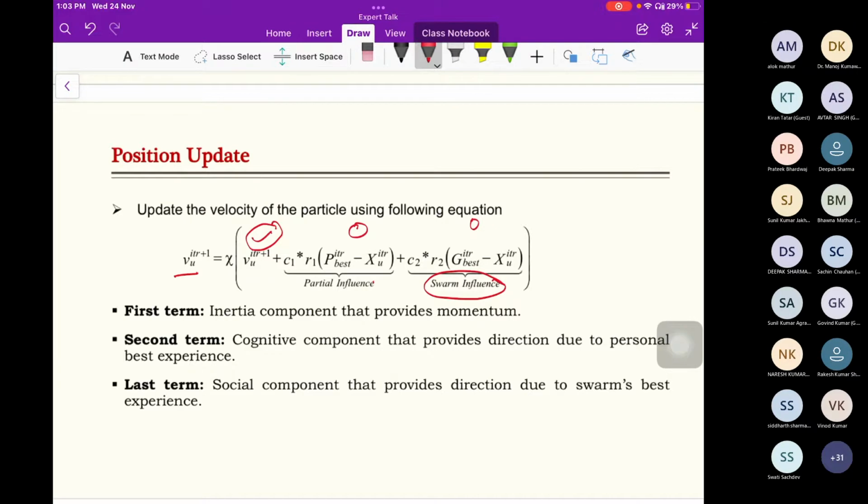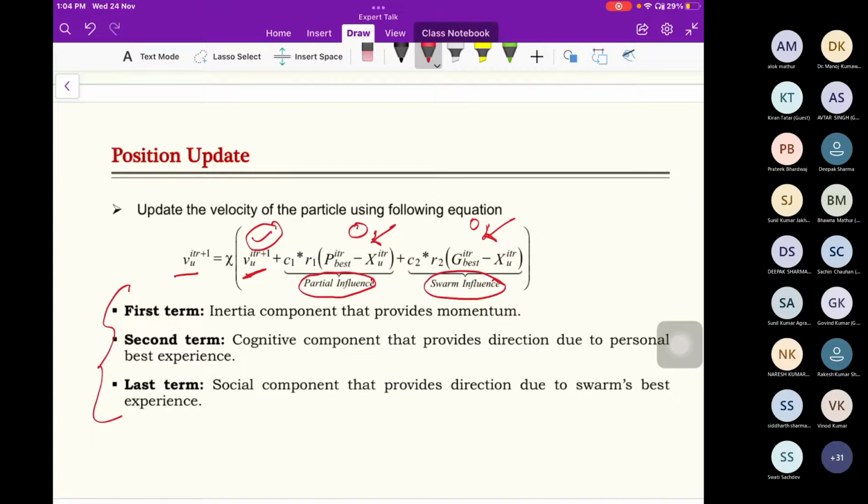That means the particle updates its own position according to these parameters, and the swarm updates according to this part of the equation. And this one is the inertia: in the starting position, the particle is moving toward the target. So we can classify the first term, second term, and third term.